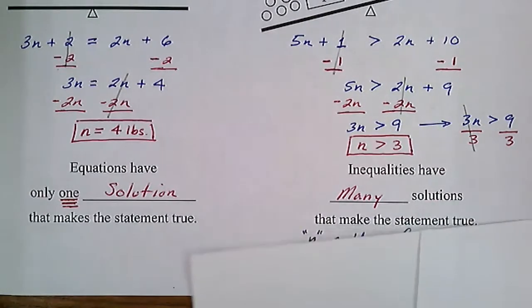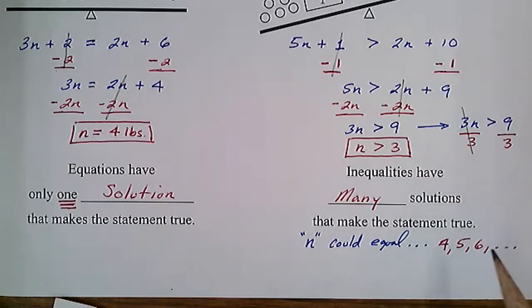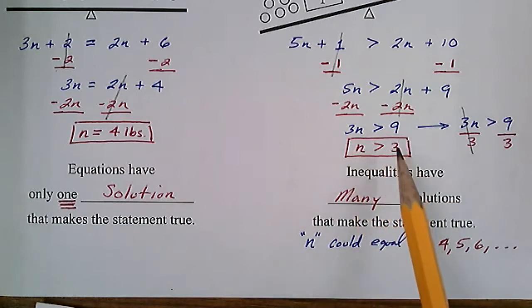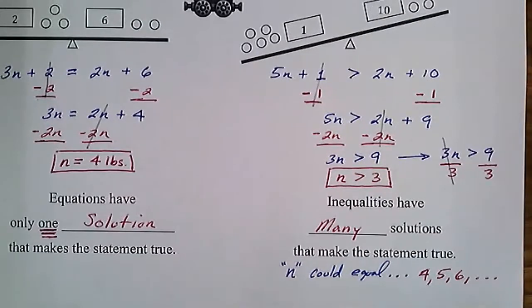So for example, n could be anything bigger than 3. So it could be the number 4, it could be the number 5, it could be the number 6, it could just keep going. 7, 8, 10, 10,000, 10 million. Anything bigger than the number 3 will make that a true statement.